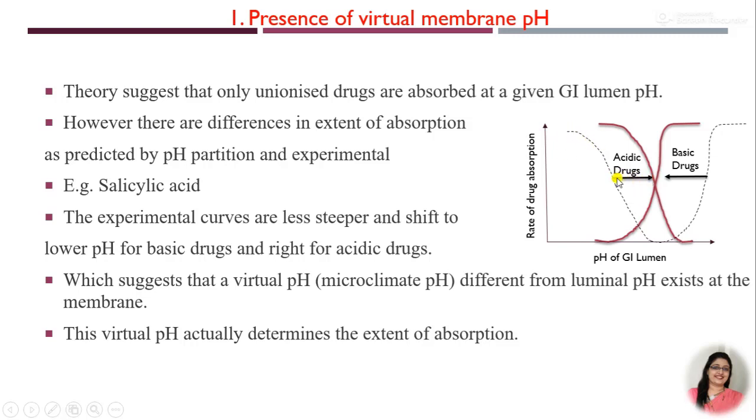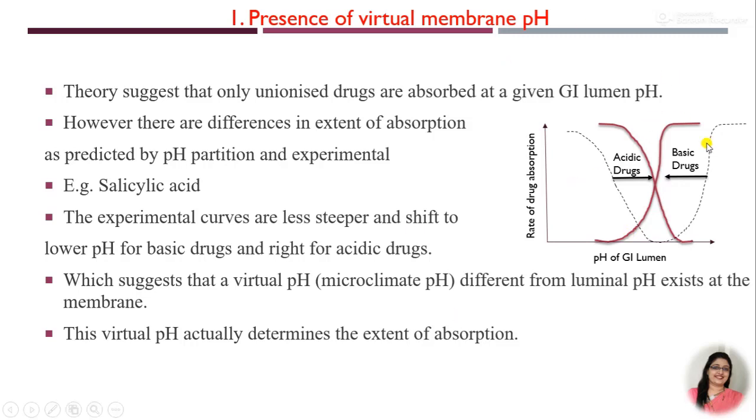The curve for the acidic drug has been shifted towards the right-hand side, which means the pH has been slightly increased as compared to the predicted pH, and for the basic drug the pH has decreased as per the predicted value. So the curve has been shifted for both acidic drugs as well as basic drugs.